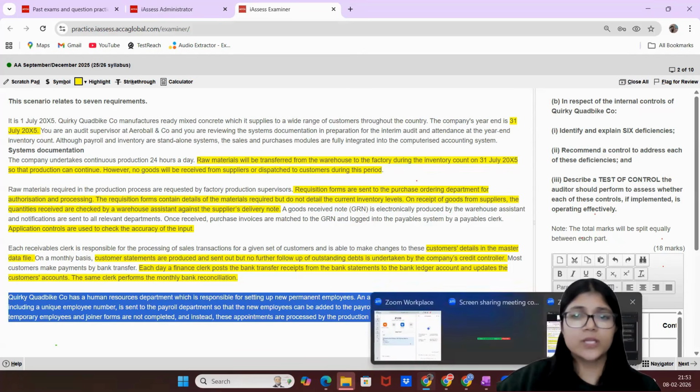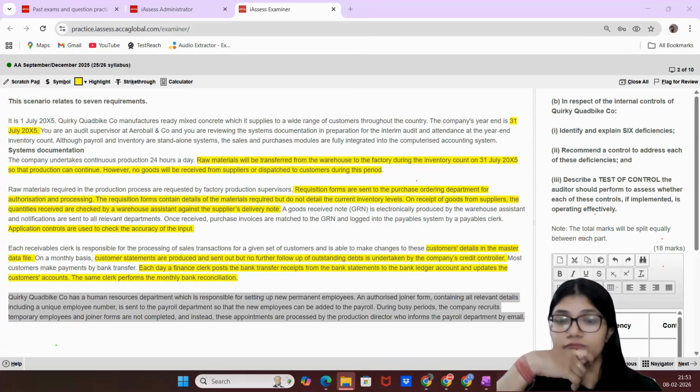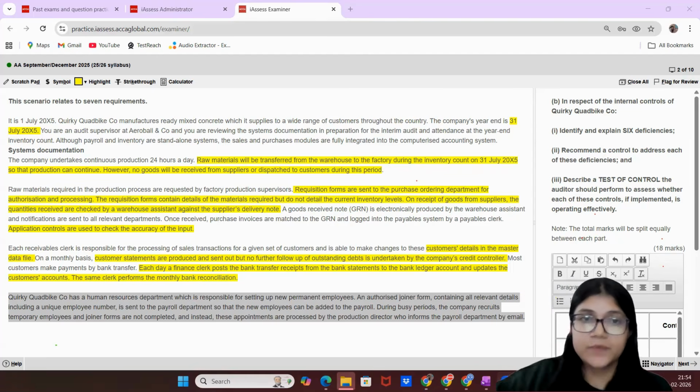So is there any deficiency? Any red flag? I guess the HR should do this duty, but not the finance director. Okay. And also inform the payroll department that only authorized joiner forms should be allowed to be entered in the payroll records. Correct. The main issue here, guys, is... yes, tell me.